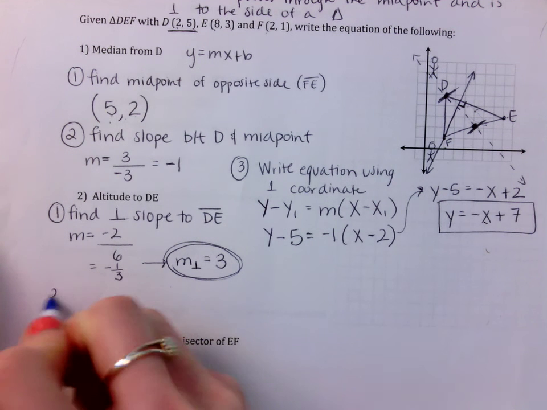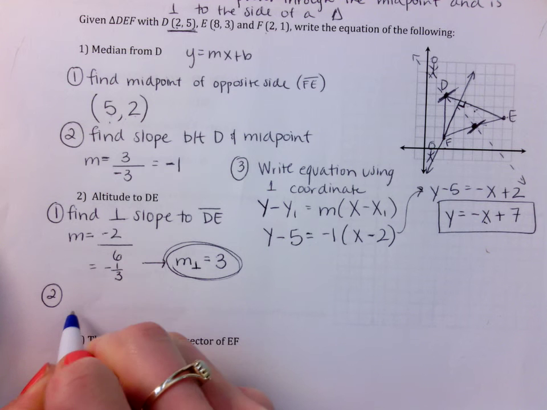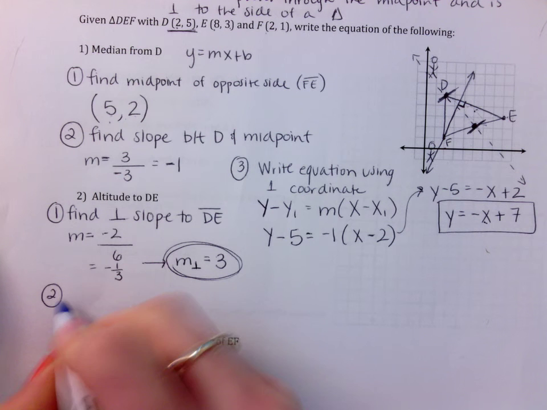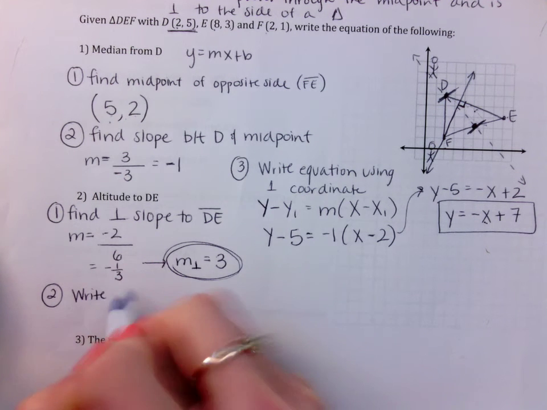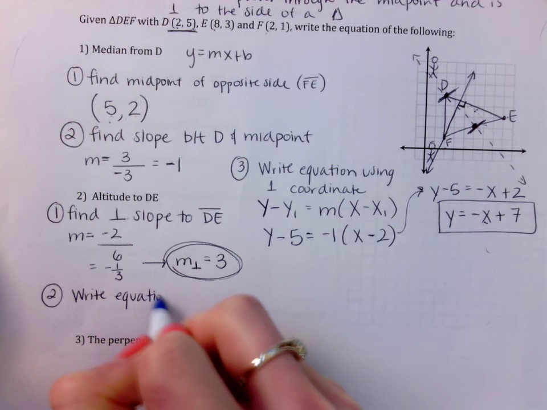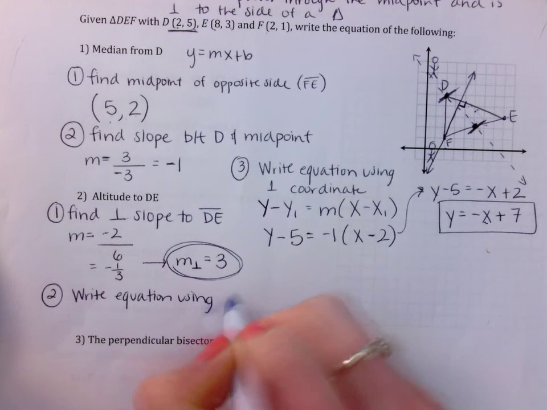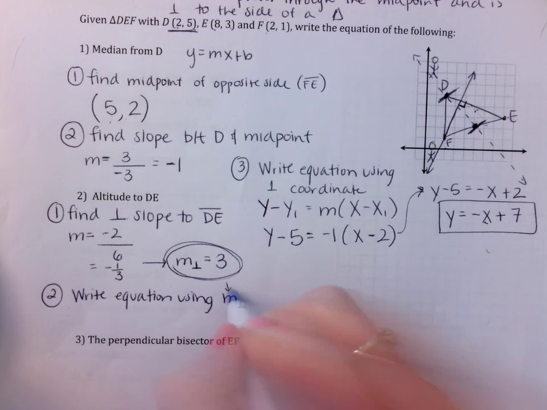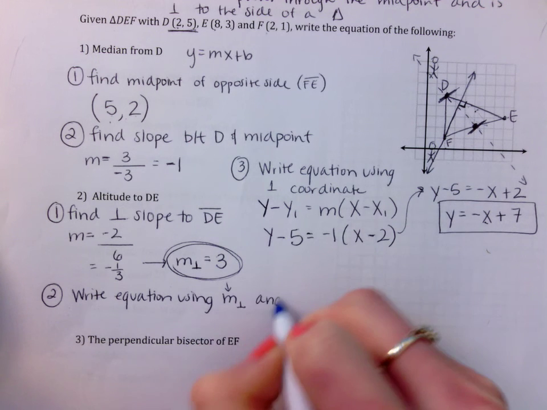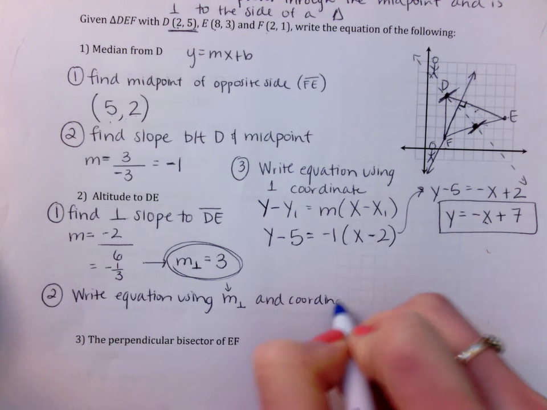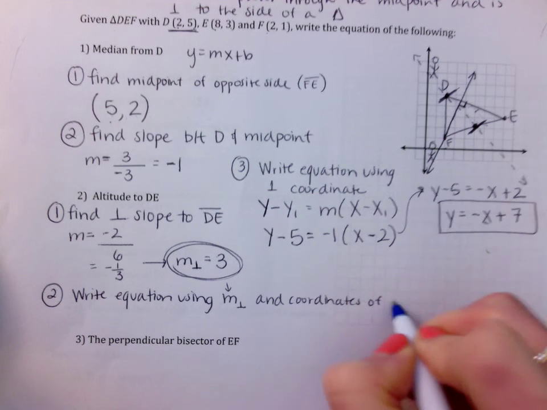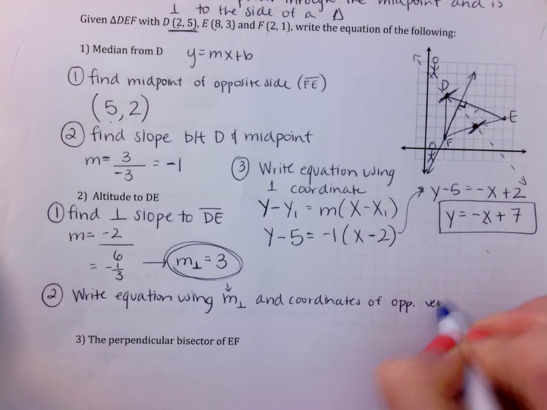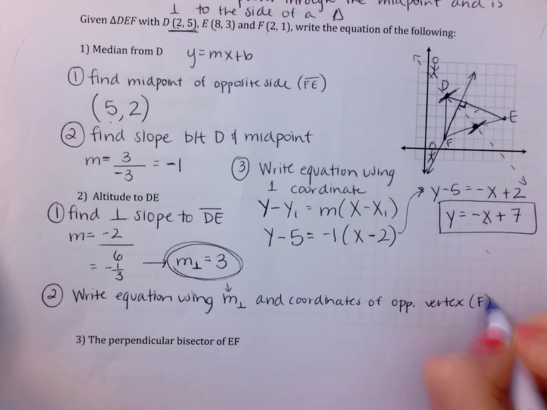The second thing for writing altitudes is simply to write the equation using the perpendicular slope that you just found, literally this one, and the coordinates of the opposite vertex. In this case, that would be F.